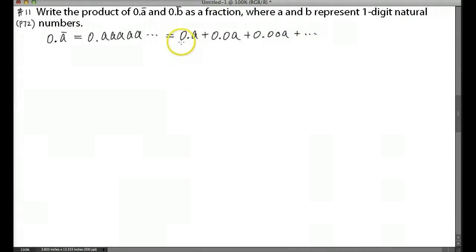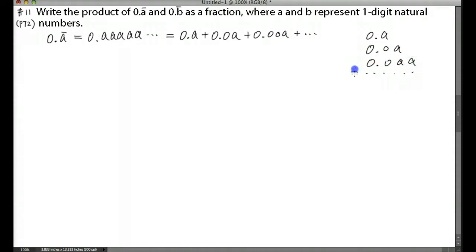So if you have trouble figuring out why 0.A repeating equals 0.A plus 0.0A and so on, you can simply add all this up with a long addition, 0.A plus 0.0A plus 0.00A, and so on.